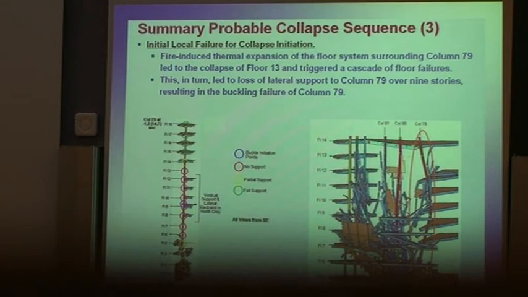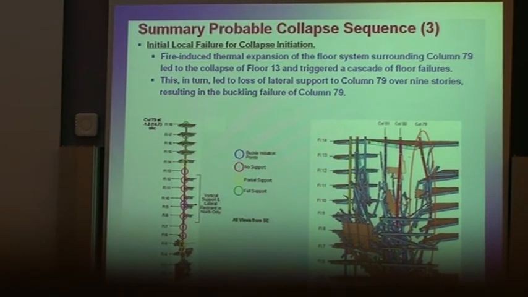We know from structural mechanics that for our building construction, we rely on the floors to provide lateral support for the columns. Otherwise, the buckling length would be tremendous. So in this case, there was a collapse north of column 79, and that floor resulted in cascading floor failures underneath that left column 79 unsupported for multiple floors, and that led to the buckling of column 79. And that was the initiating event.